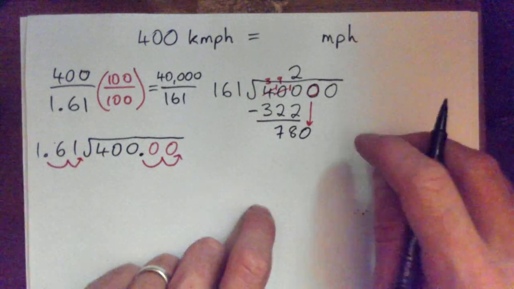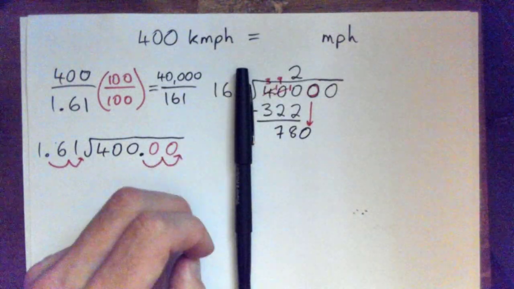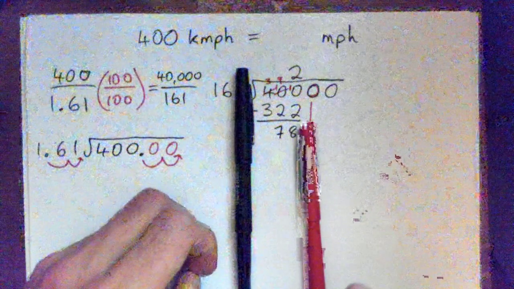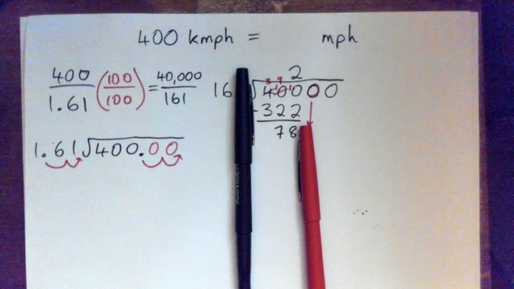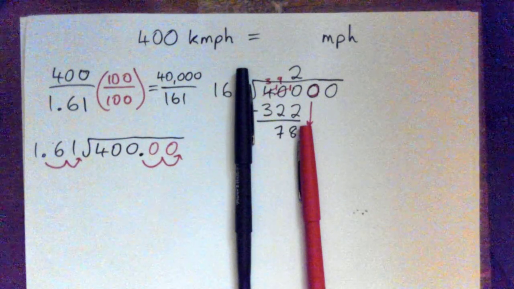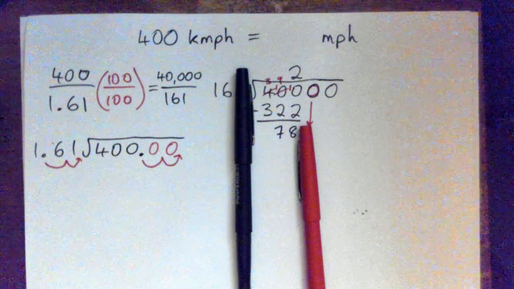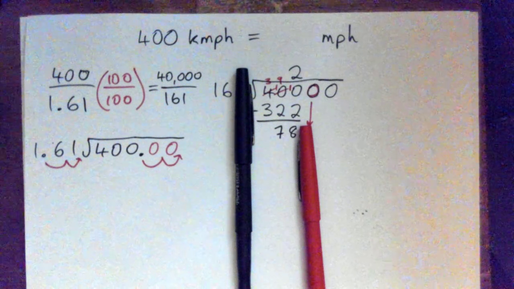So now we're up for a guess. Again, I'm going to block off the 1 and block off that 0, and I'm going to go, okay, what's 16 into 78? 3? Maybe 3? 16 times 3 is 48.